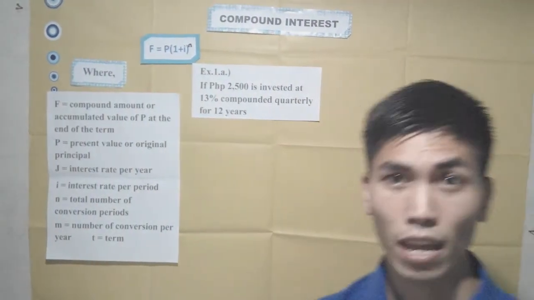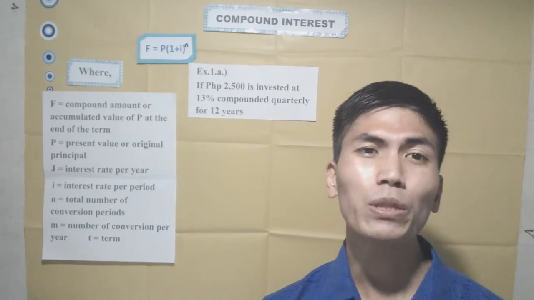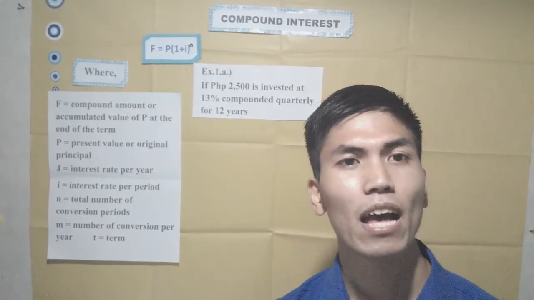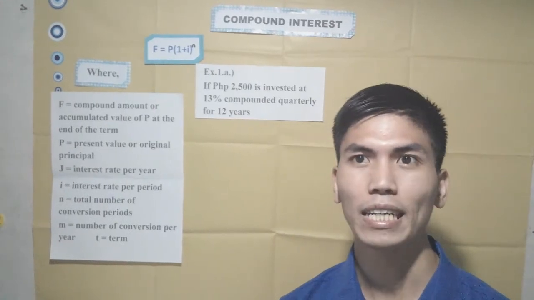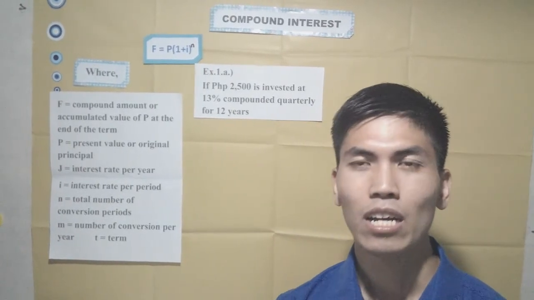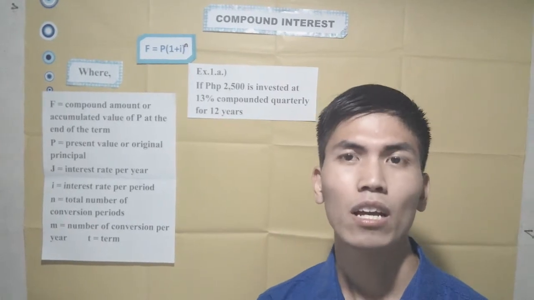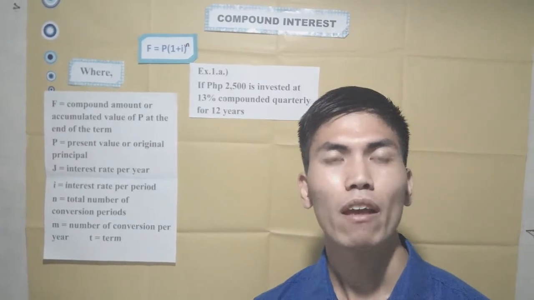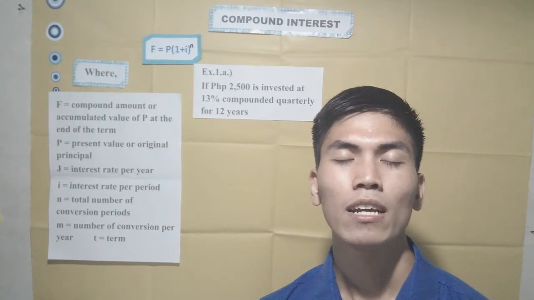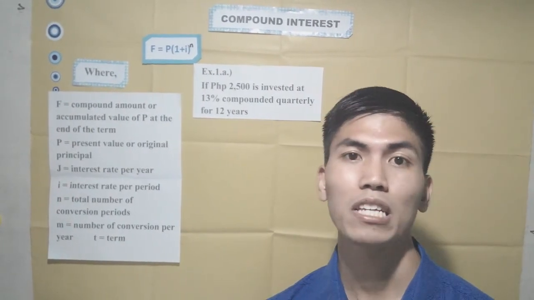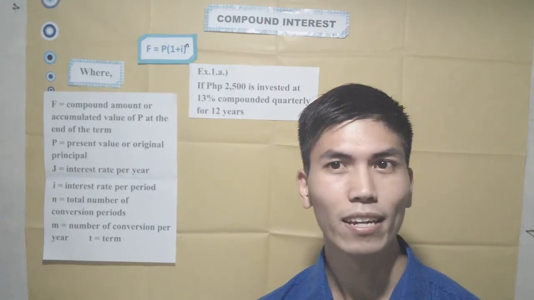Example 1a. If 2,500 is invested at 13% compounded quarterly for 12 years, compute the compound amount and the interest. We will use the formula F equals P open parenthesis 1 plus i close parenthesis raised to the power of n.